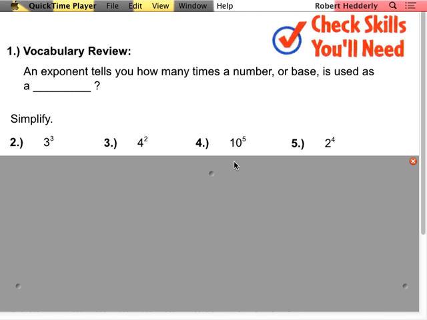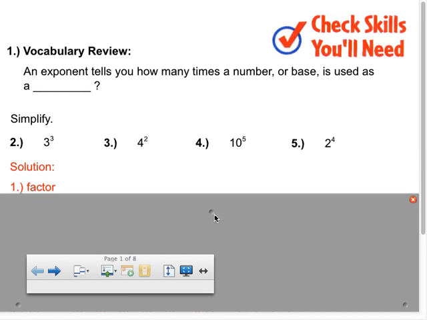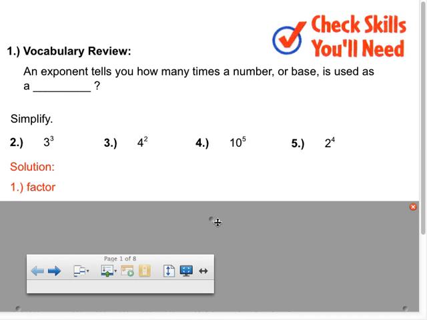Does anybody have a guess? Could you say it a little louder? Factor? Yes. Factor is correct. An exponent tells you how many times a number or base is used as a factor. Okay. Who has the answer to number 2?